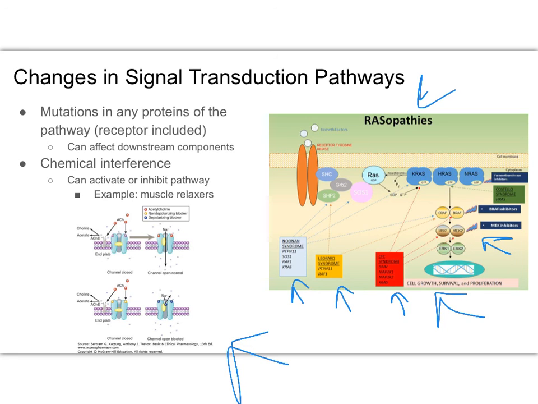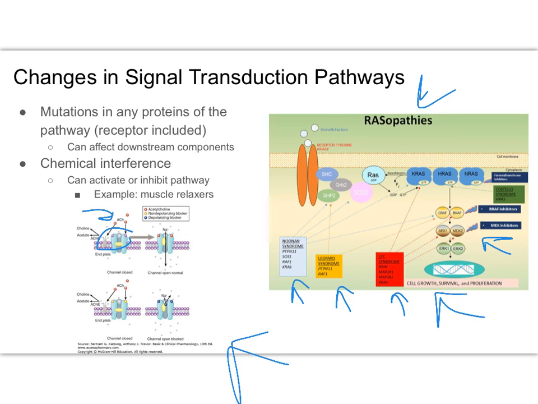So the example we have here is muscle relaxants. Muscle relaxants will block acetylcholine. Acetylcholine is the ACH that you see in the diagram here. Acetylcholine is the neurotransmitter that is released from a neuron across the synaptic cleft to bind with the muscle, to tell the muscle that it's time to contract. And so what muscle relaxants will do is they will block acetylcholine. You can see how the muscle relaxers are in the way.